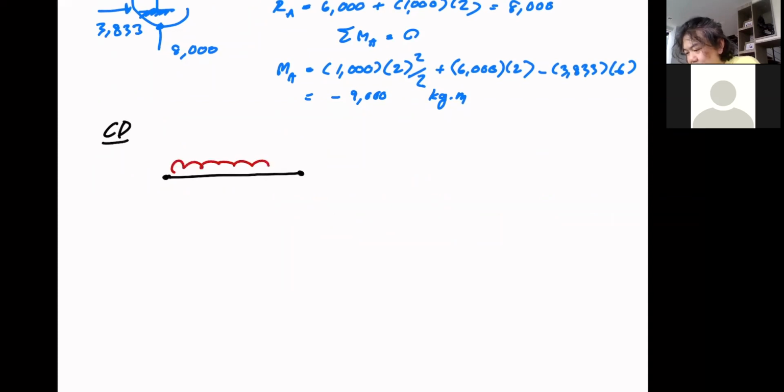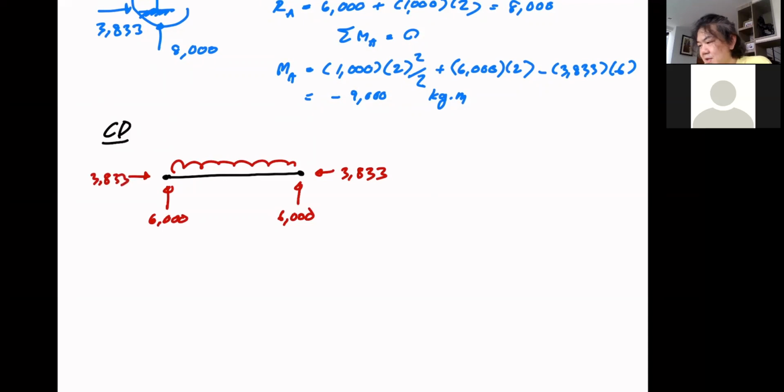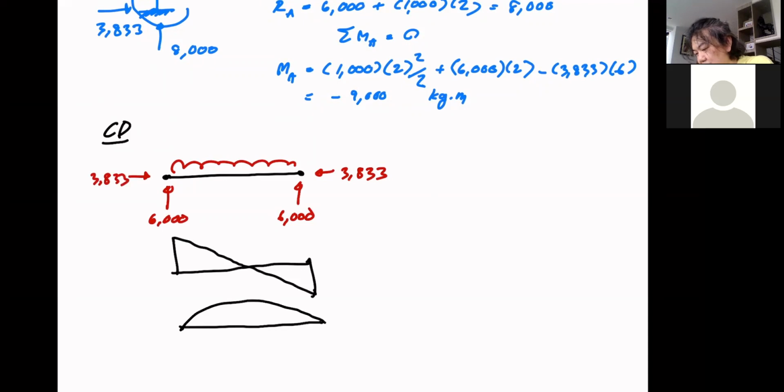Okay, the uniform load, and then you have 6,000, and then 3833, 3833. So simple enough. You just close your eyes, play some calculation music, and that's your shear force and bending moment diagram with that value WL squared over 8, right?